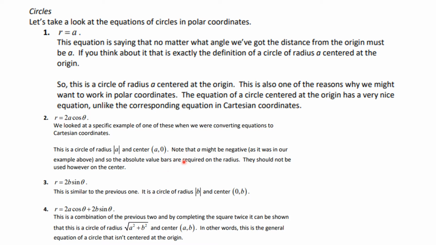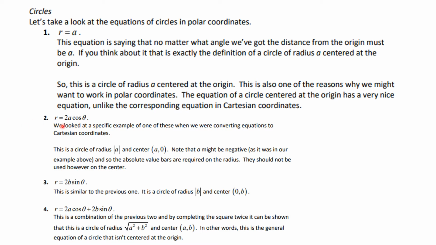And a might be negative, and in fact it was in our example before, so that's why we need the absolute value. So this ends up being centered on the x-axis. And if we say r equal 2b sine theta, this is similar to the previous one, a circle of radius absolute value b, but its center is at (0, b). So this is centered on the y-axis.